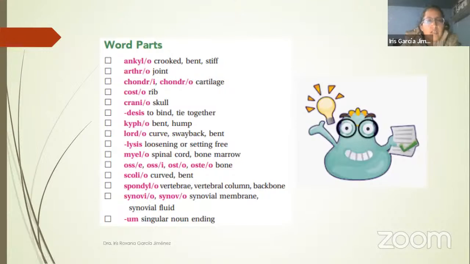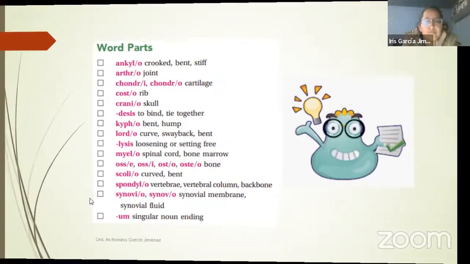Ankyl or ankylo, arthro, chondri or chondro, costo, crani, cranial, thesis, kyph, kypho, lord or lordo, lysis, myel or myelo, os, osi, ost, osto, oste, osteo. Of course, we know all of them. Scoli, scolio, spondyl, spondylo, synovi, synovio, synov, ium. When we get this hyphen, of course, this is the suffix, right?